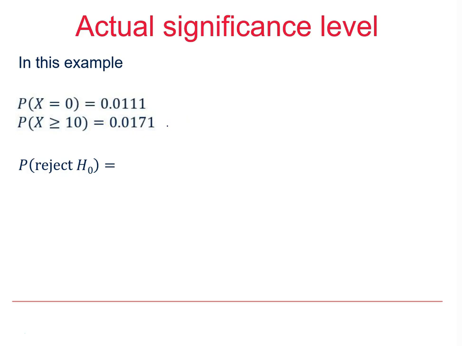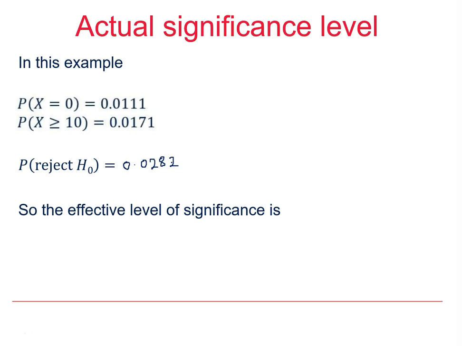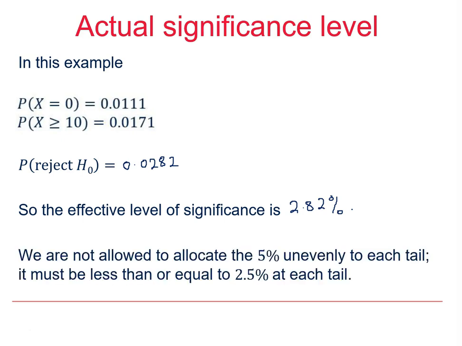And so the probability we reject H0 is the sum of those two, which is 0.0282, and so our effective level of significance, because we cannot get it to exactly 5%, is 2.82%, and 2.82% is less than 5%, but the closest we can get.